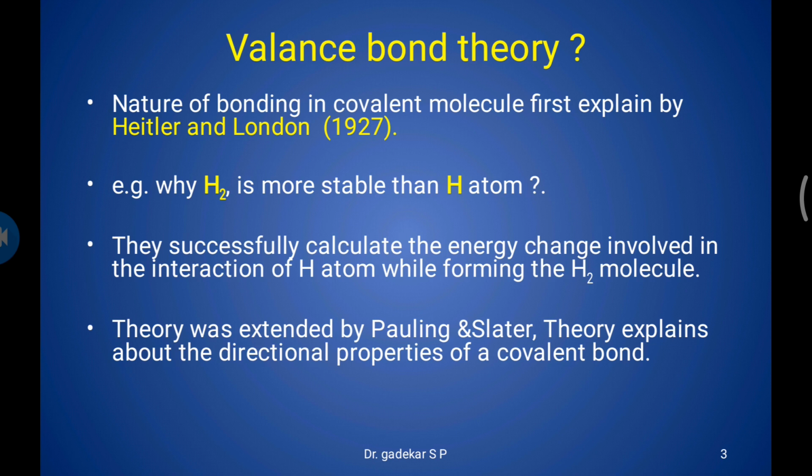In this theory we discuss why the H2 molecule is more stable than the hydrogen atom. Isolated hydrogen atoms are less stable than the hydrogen molecule. Why? Because this is explained with the help of valence bond theory.